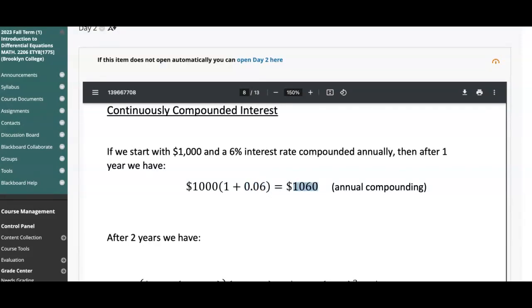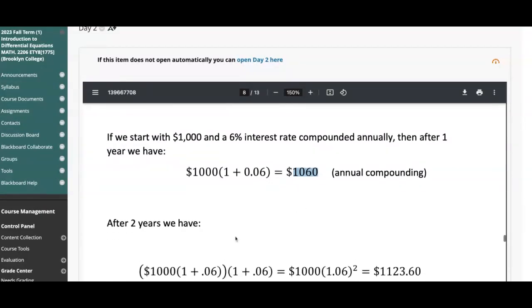So after 1 year we get $1,060, because the interest, 6% of 1,000, is just $60. So this is annual compounding.